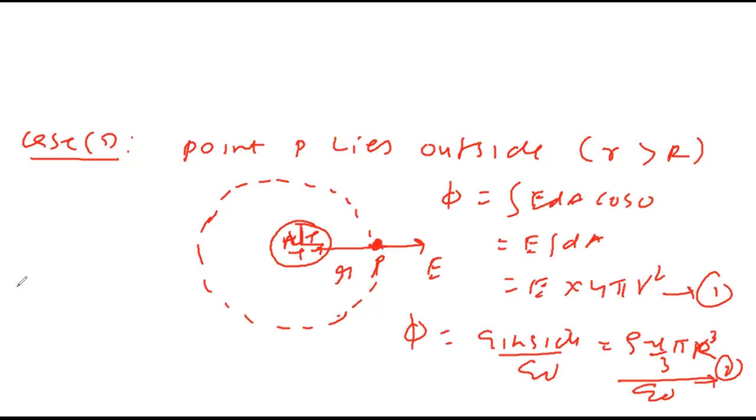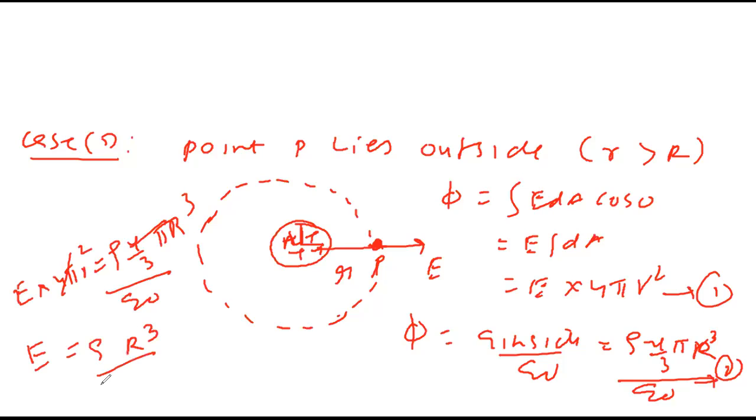Now equating we get E into 4 pi r square equals rho into 4 by 3 pi R cube upon epsilon naught. 4 pi cancel. So E equals rho capital R cube upon 3 epsilon naught r square. Point outside, then rho R cube upon 3 epsilon naught r square. Copy.